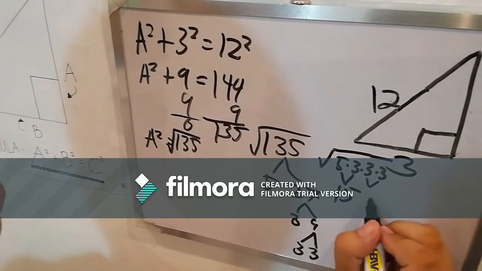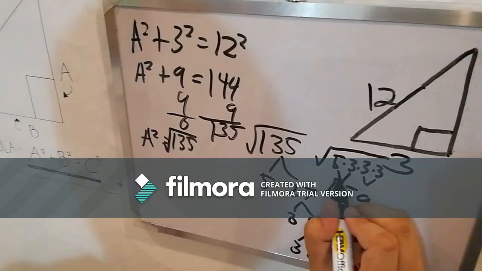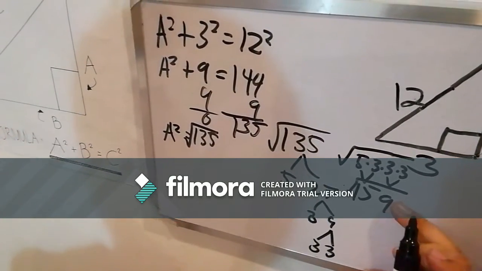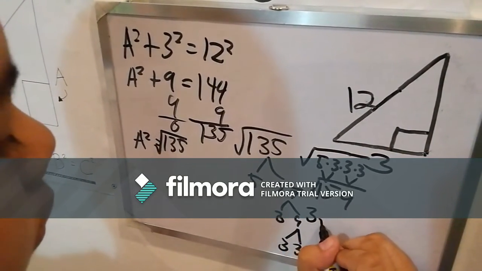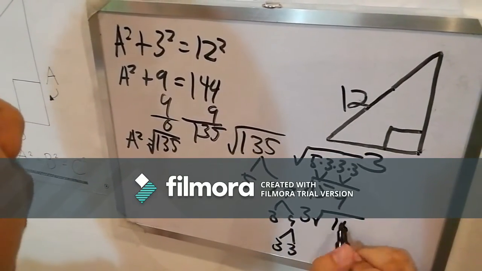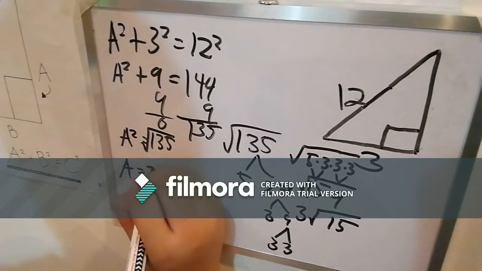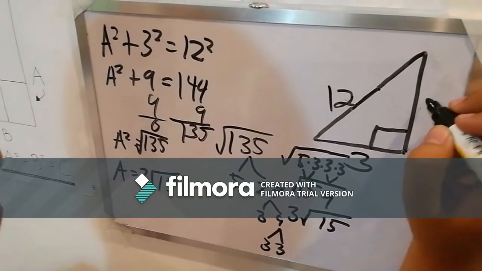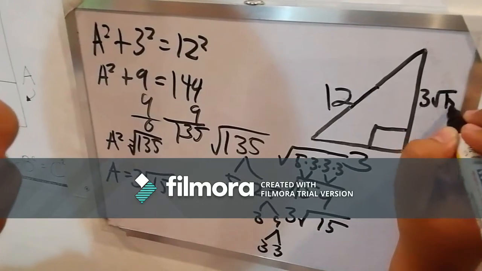Then 3 and 3, which is 9. Then we add the square root to them. The 9 is a perfect square, which means we put 9 outside. Then the square root of 15. So side A is equal to 3 square root of 15. Then we put 3 square root of 15 here.